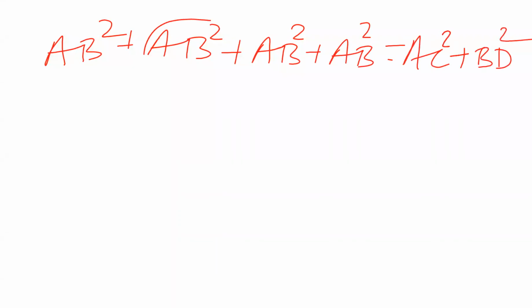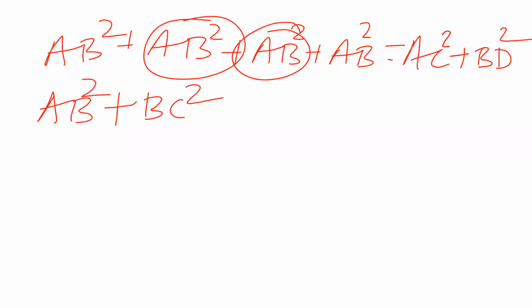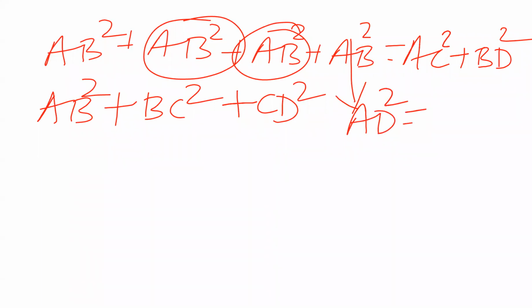Now, since all sides are equal, you can write AB² as BC², and this AB² as CD², and this AB² as AD². Any confusion? No, sir. Okay. One more method is there.